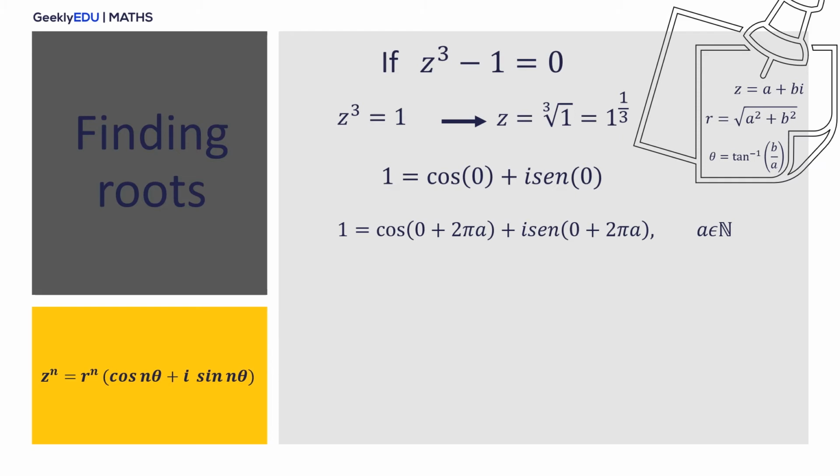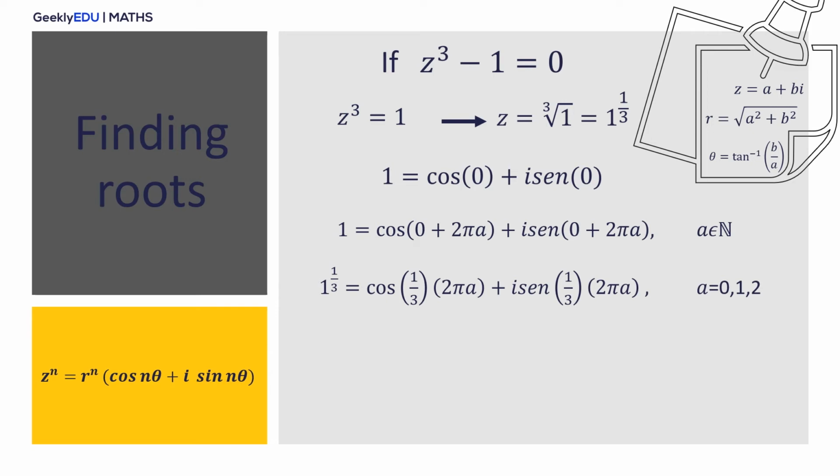Now we are looking for the 3 complex roots of z, so we have to raise both sides of the equation to the power 1/3. At this point of the problem, we use the equation from Moivre's theorem for a equal to 0, 1, and 2.